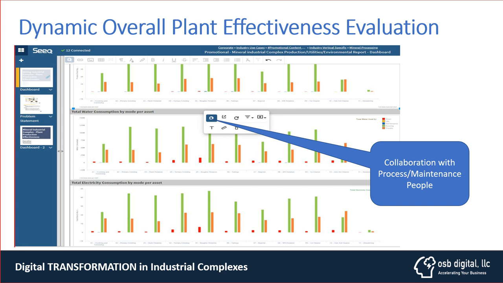So collaboration between the process people and maintenance is very important. What I'm showing you there is that little cube that says how we are going to see that, and how the manager can get involved to see how the engineers and the subject matter experts were able to present this information to them.